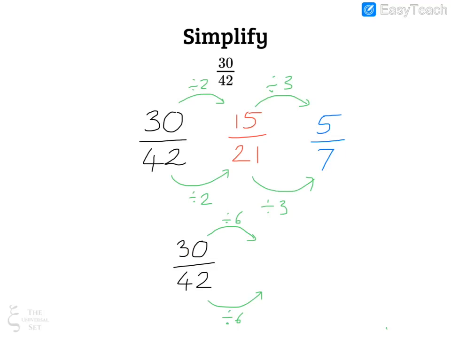Well, that's 5 6s, and 42 divided by 6 is 7. You see we get the same answer either way. So this way, I did it in 2 steps, where I spotted there was a factor of 2 and then a factor of 3. This way, I did it in just 1 step. I spotted that there was a factor of 6, and I went all the way down to 5/7. So either way, 5/7 is my final answer. That's what happens when I simplify this fraction.